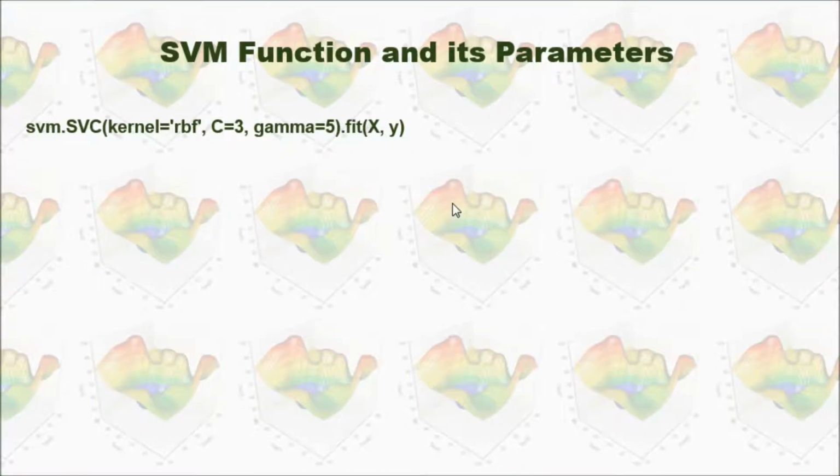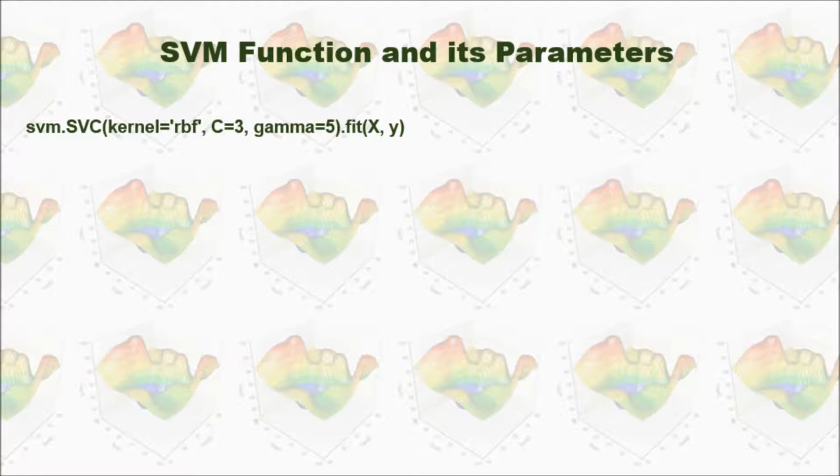Now let's take a look at the SVM function in Python and its parameters. In Python, we will call this function to perform our data analysis. There are 3 parameters in this function. The first parameter specifies which kernel we want to use.